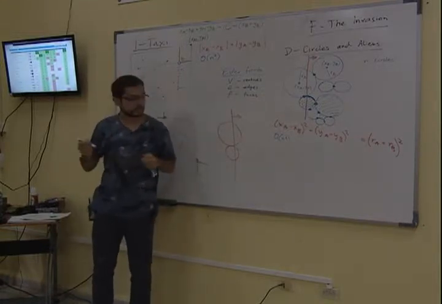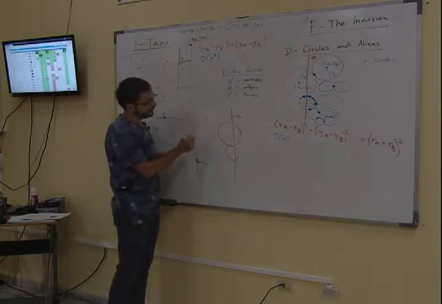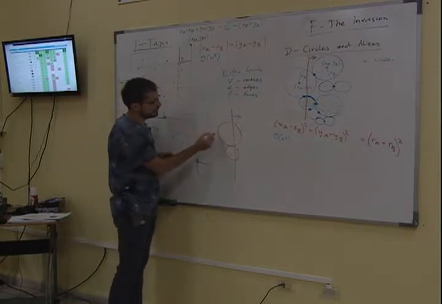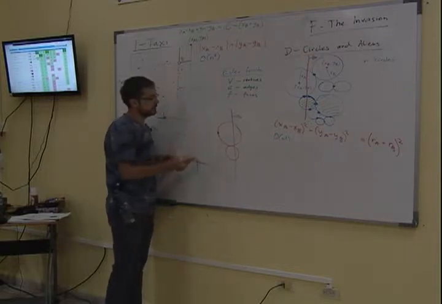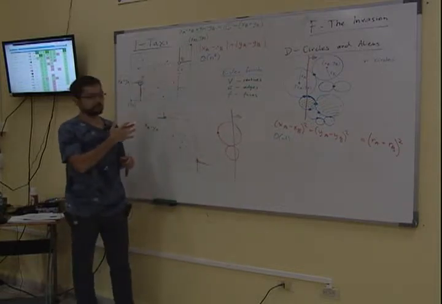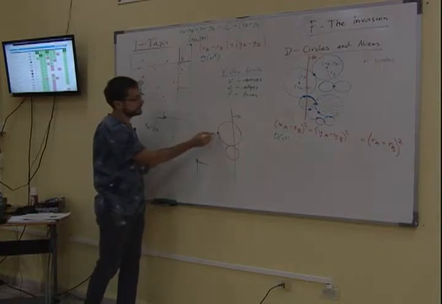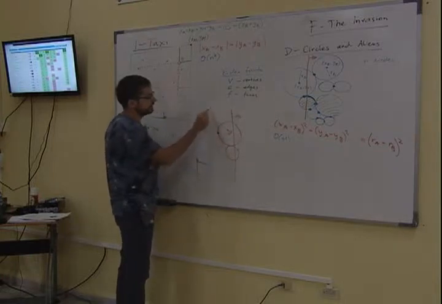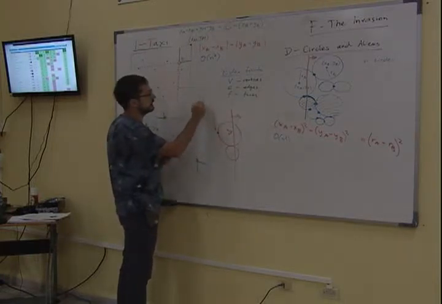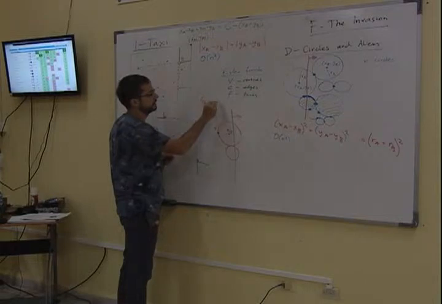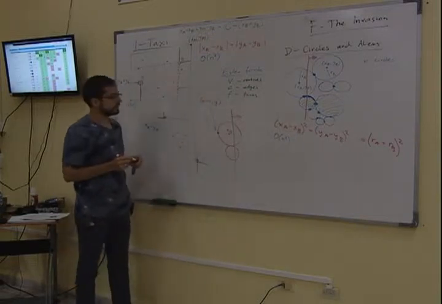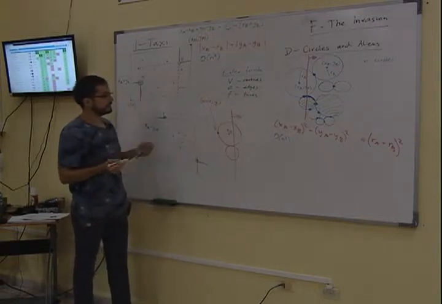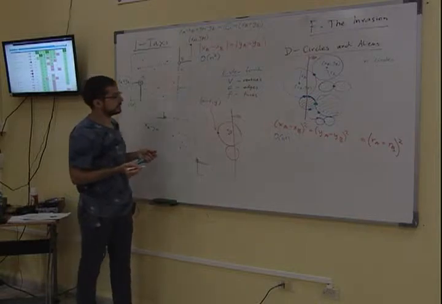The circle starts intersecting when the line is on the leftmost point of the circle, so this point. If the center has coordinates x, y, this point will have coordinates x minus r, y. This is the point where I start intersecting this circle.